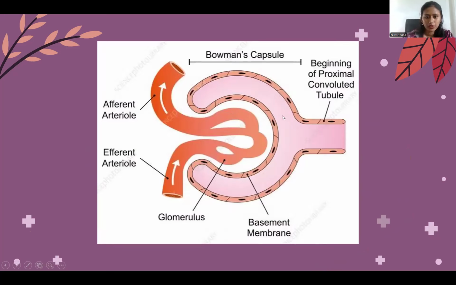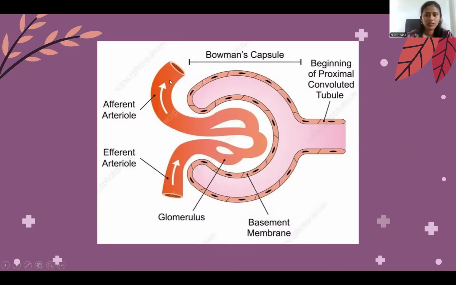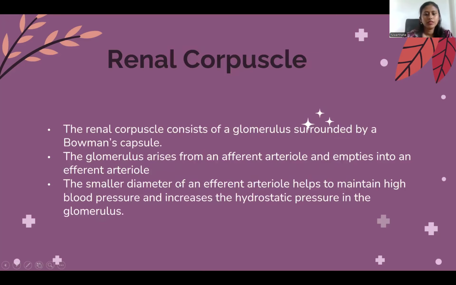The glomerulus arises from the afferent arteriole and empties into an efferent arteriole. You can see it clearly in this picture. The smaller diameter of the efferent arteriole helps to maintain high blood pressure, and so it increases the hydrostatic pressure in the glomerulus.